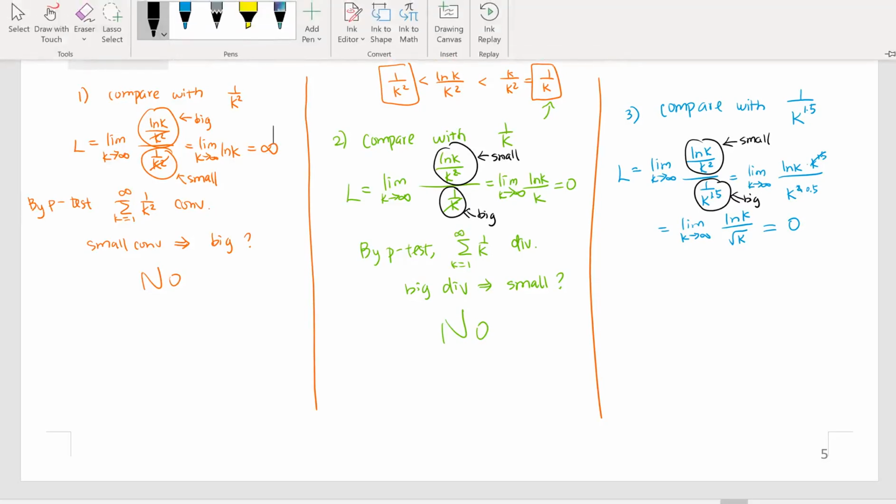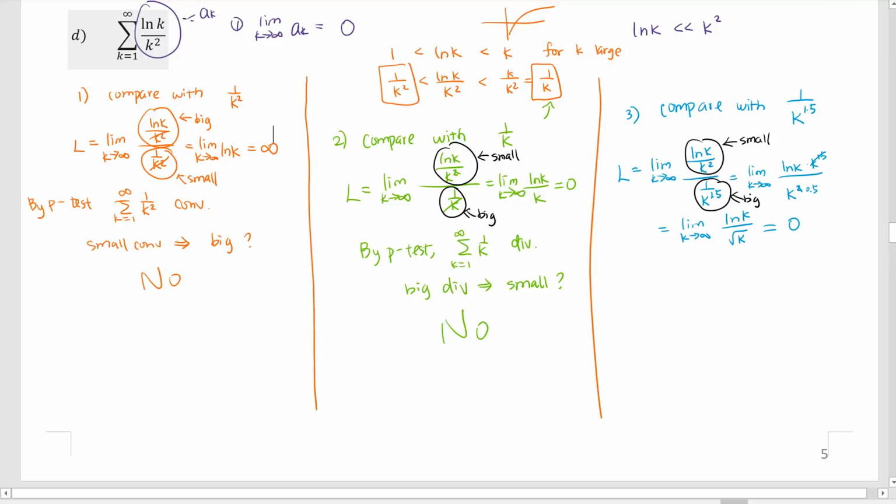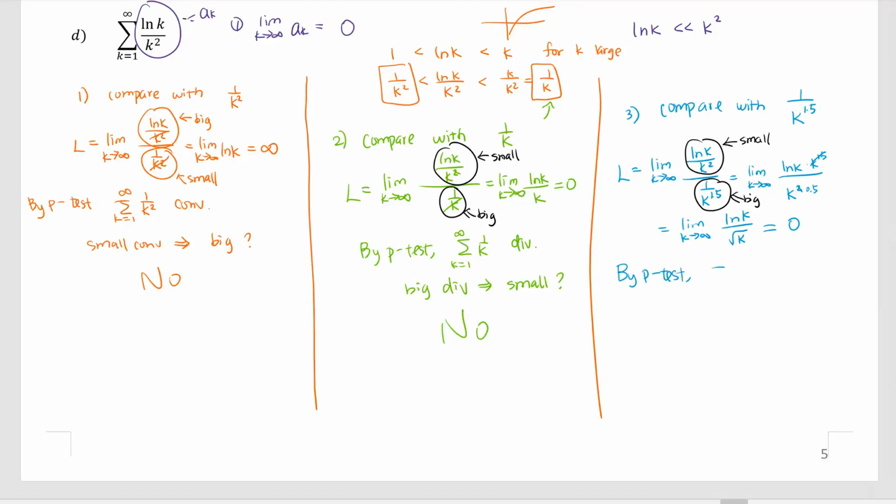So now let's look at our p series. By the p test, our p series, k from 1 to infinity, 1 over k to the 1.5. We know this guy, as long as p is greater than 1, we have convergence.